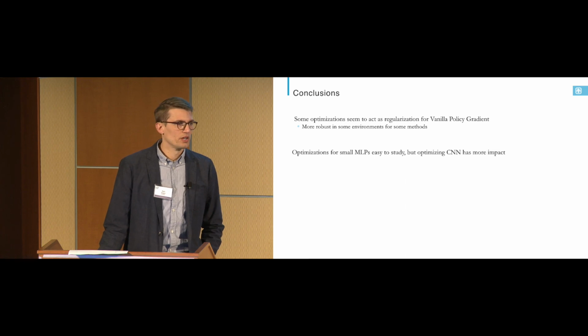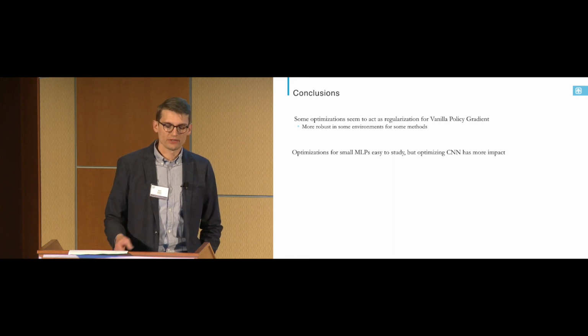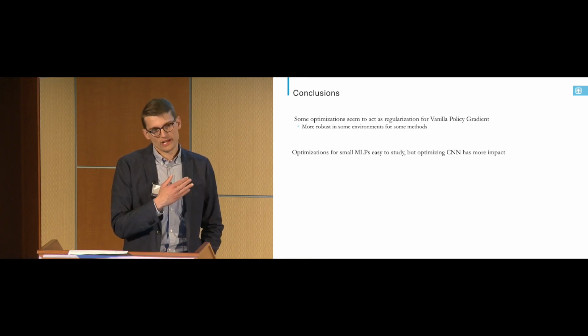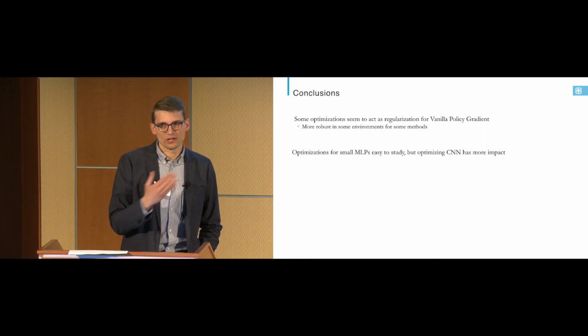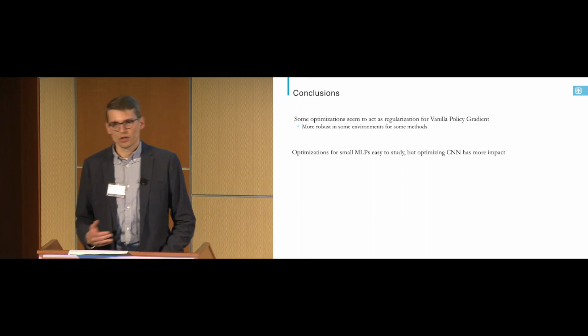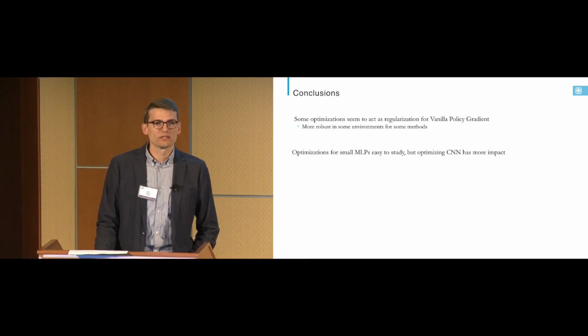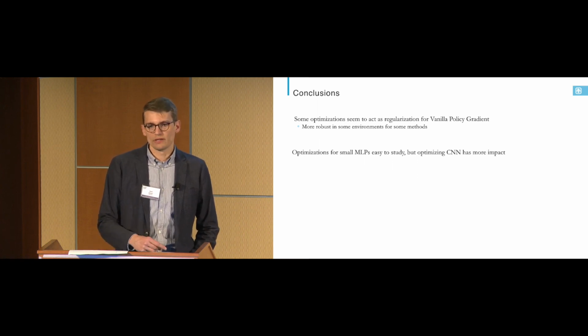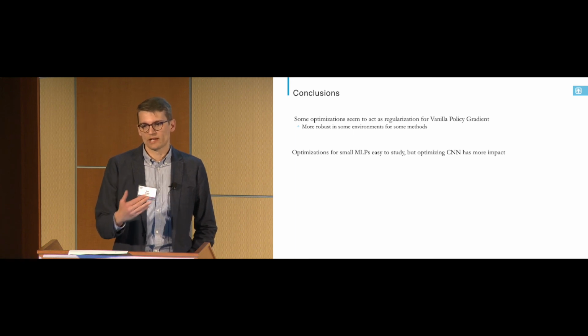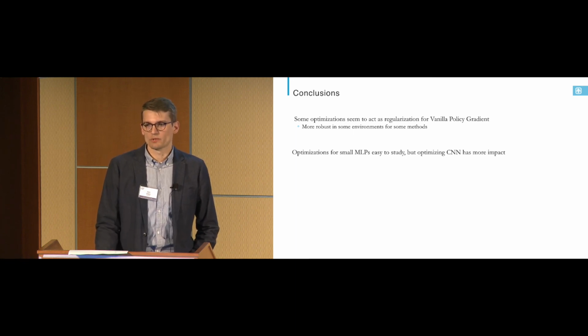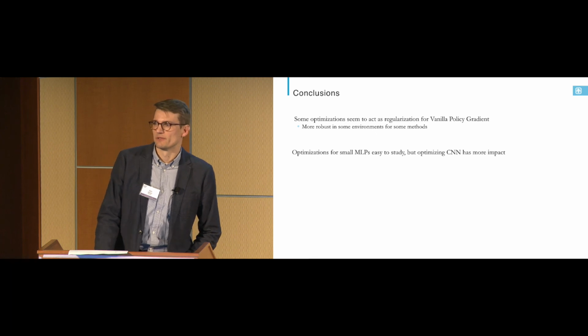Going forward, because we're interested in energy savings, these small networks aren't that interesting from an energy perspective. They're not doing that much work to begin with. We're now looking at applying these methods to convolutional neural networks and measuring how they perform in visual tasks under these optimization constraints. Thank you.